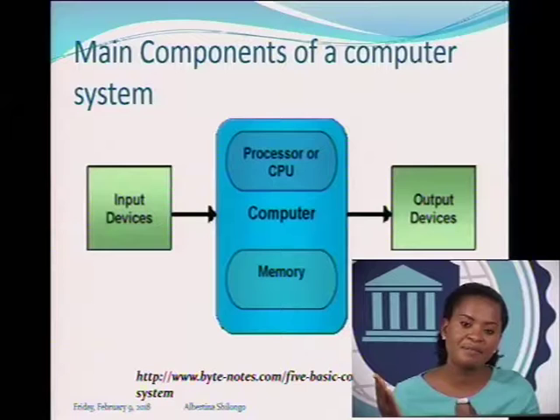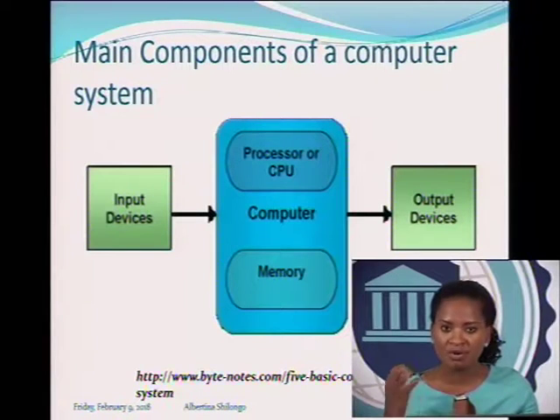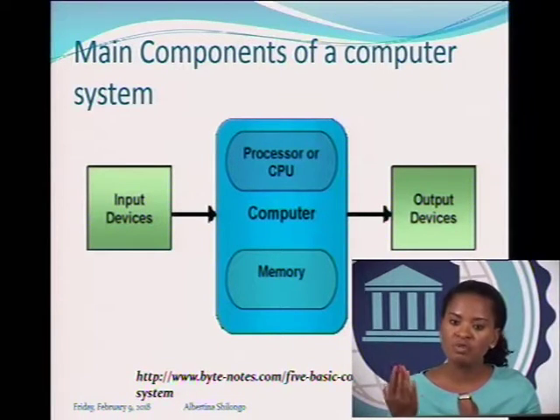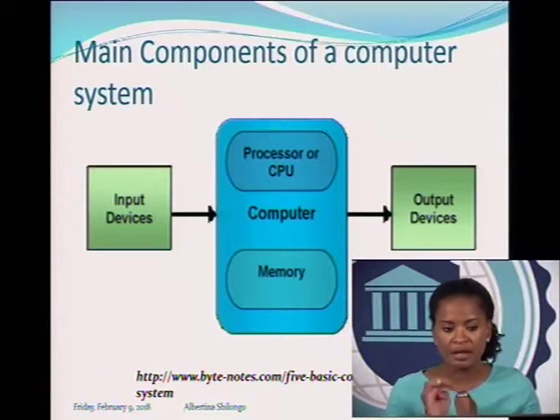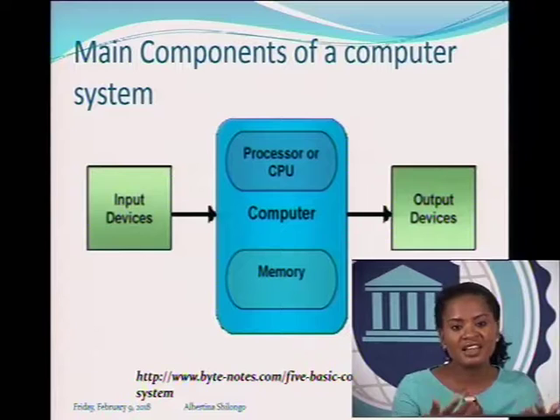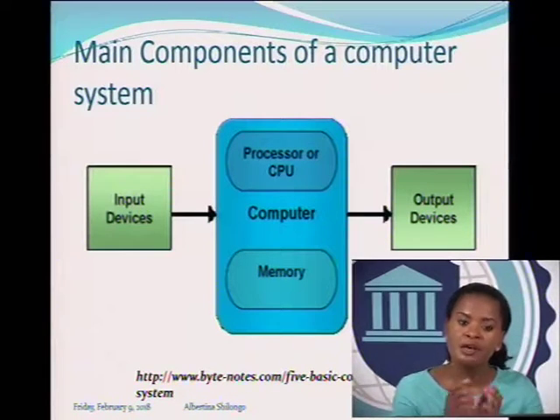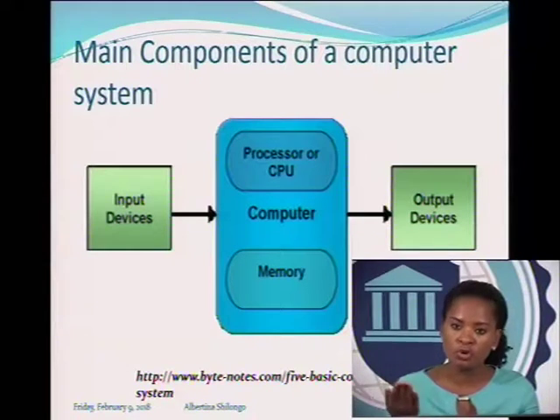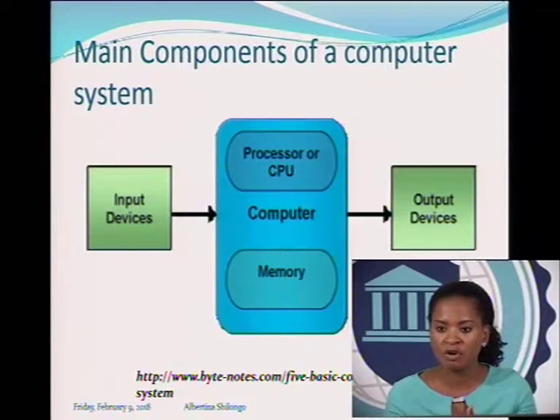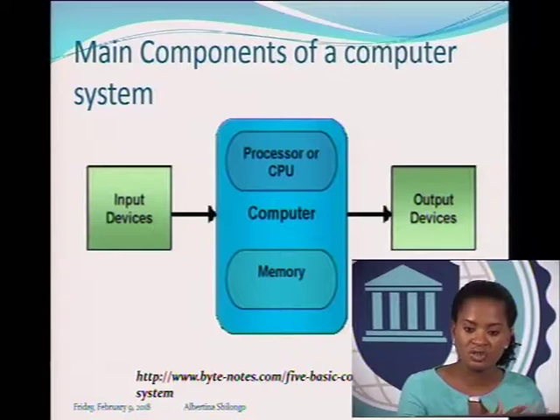So basically, the RAM is a memory inside our computer that holds the document on our screen while we are busy working on it. Before you save anything to a permanent storage device, it's stored on the RAM. The RAM holds whatever you are working on before you save it to the permanent storage device.